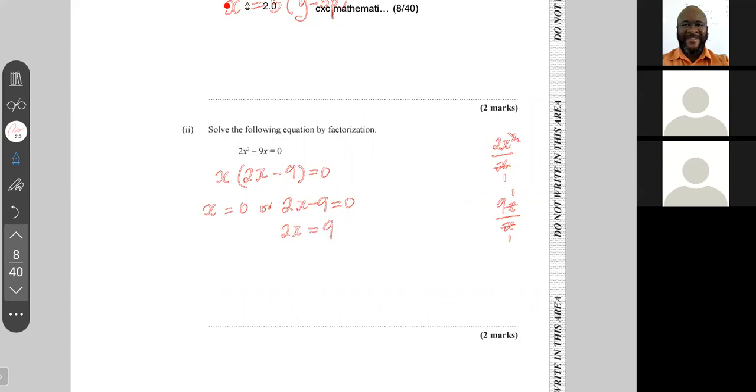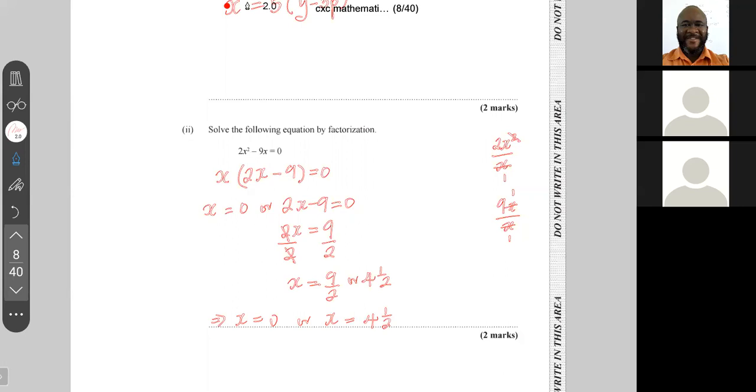Negative 9 on the left goes over to the right and becomes positive. Then I'm going to divide both sides by 2. And when I do that, I'm going to get x is equal to 9 over 2 or 4.5. Therefore, x is equal to 0 or x is equal to 4.5.